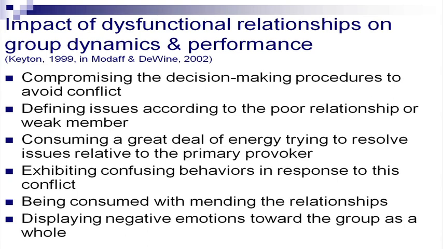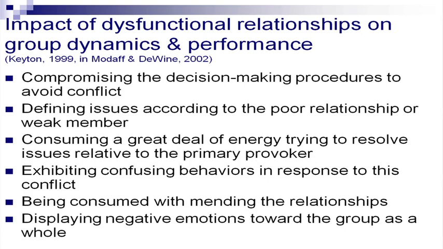Okay, what is the impact of dysfunctional relationships on group dynamics and performance? What happens is, when the groups become dysfunctional, or when you have a few dysfunctional relationships within a group, the performance of the group and the dynamics of the group are compromised. It compromises the decision making procedures to avoid conflict.